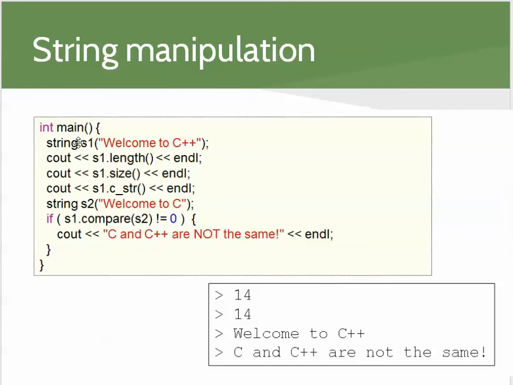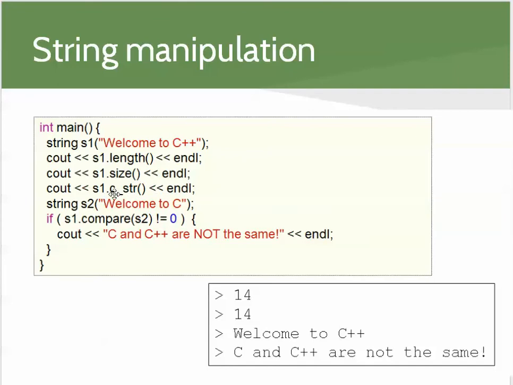I could have also done string s1 = "welcome to C++". The length function is very similar. Actually, there's a size function that works exactly the same. Both of these functions essentially just return how many characters are in the string. There's 14 characters in "welcome to C++".